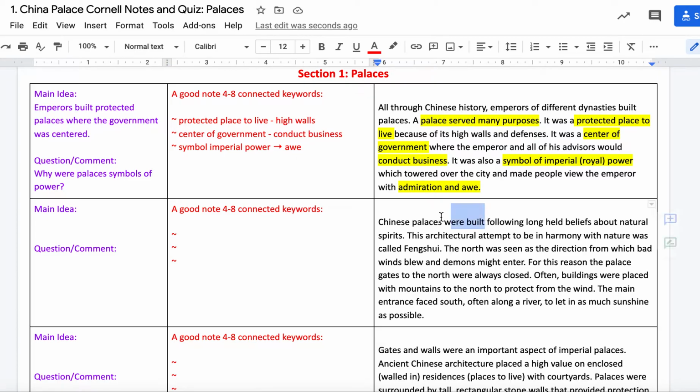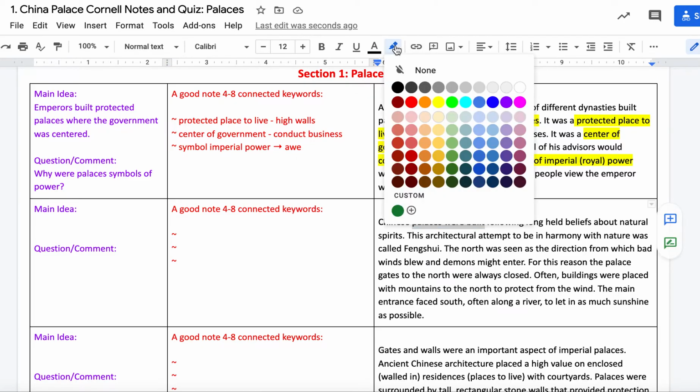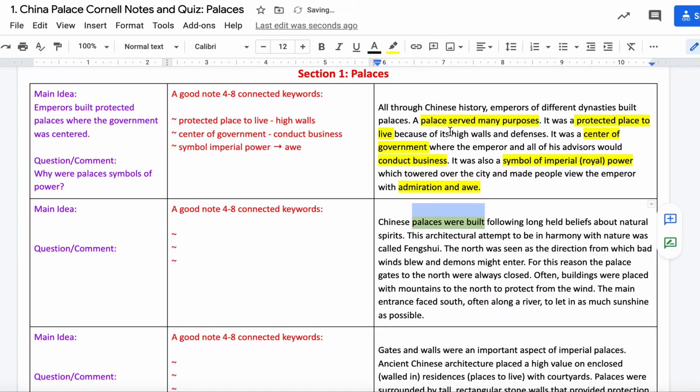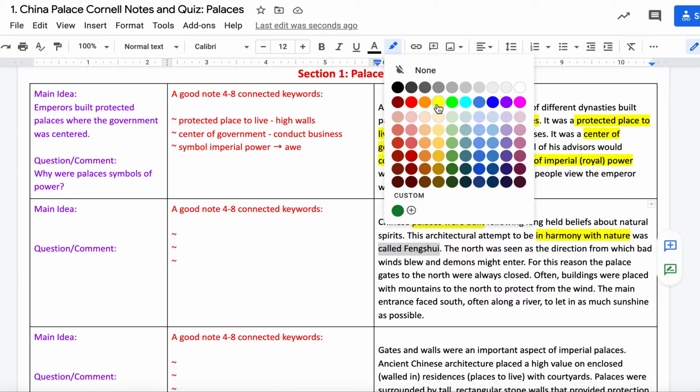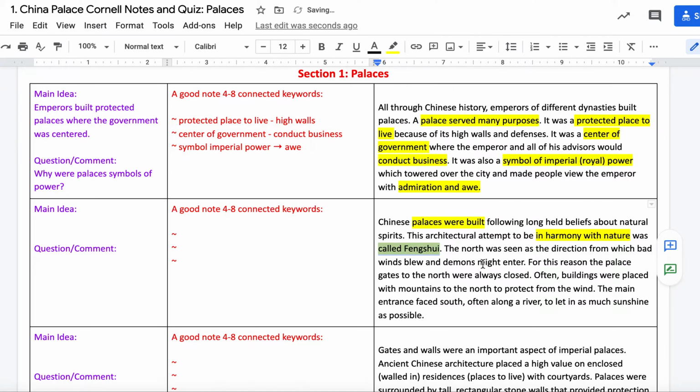So we want to highlight the fact that palaces were built in harmony with nature, and that was called feng shui, that practice to build them in harmony with nature. You'll notice that I'm just highlighting keywords and short phrases. All right.